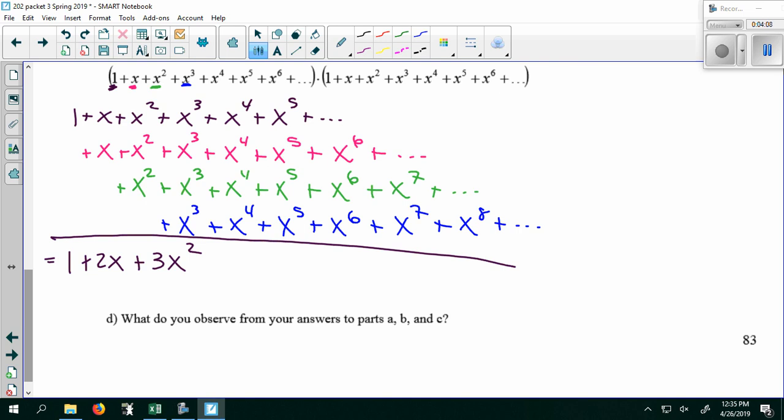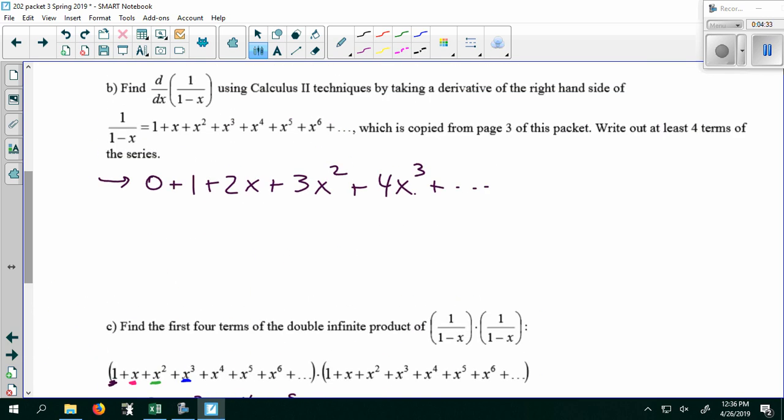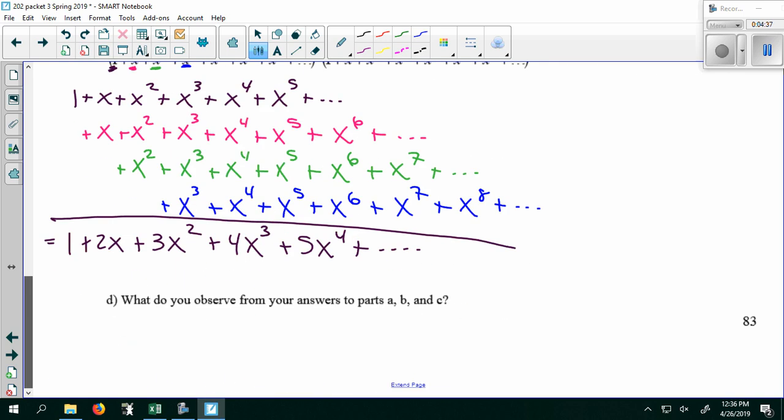X cubed plus x cubed plus x cubed plus x cubed, that's 4x cubed. Then I'm going to have 5x to the 4th. If I had distributed one more time, I would have 5x to the 4th plus ... That is the exact same series I got here. 1 plus 2x plus 3x squared plus 4x cubed. Same thing.